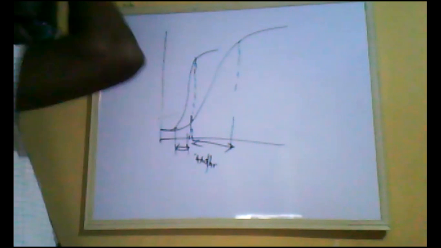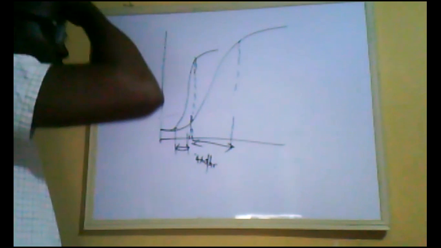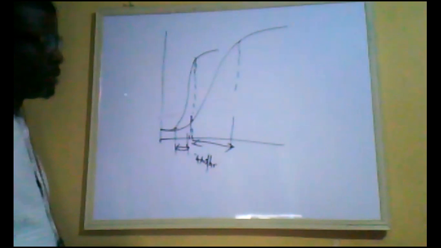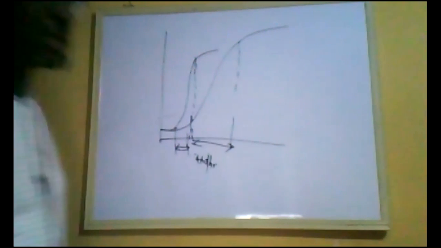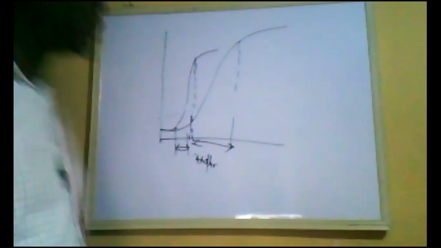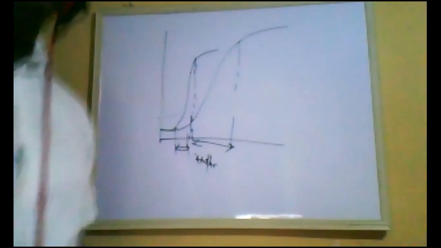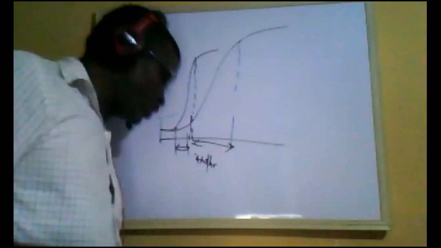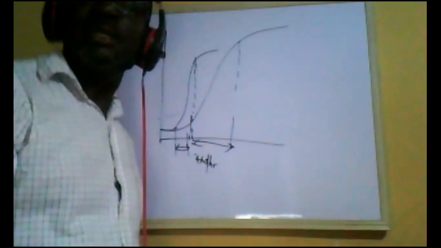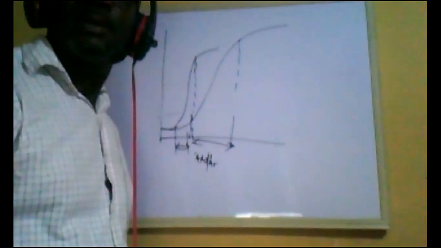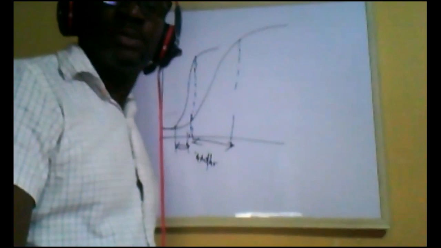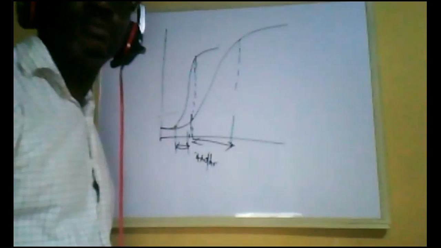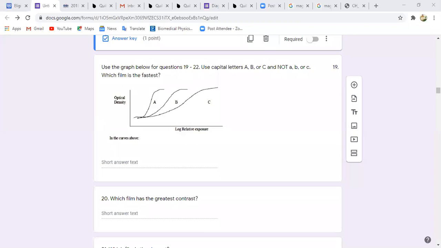So most times, in film quality, we make use of a film with a larger exposure latitude, even before talking about the speed of the film, which is of course also very important. So let's go back. Also C has the greatest latitude.